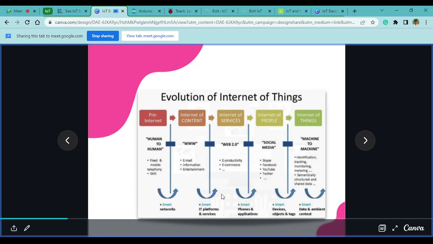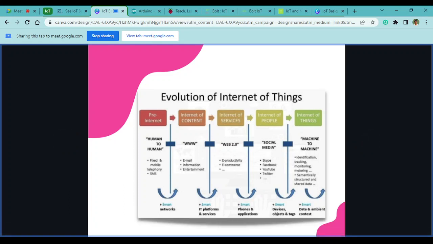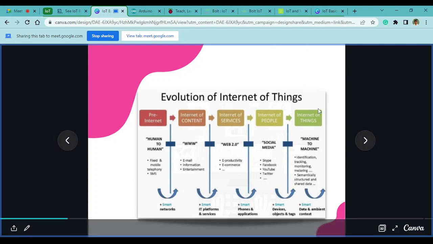And slowly after e-commerce we started to have a boom called social media, right? So Skype, Facebook, YouTube, Twitter, Instagram, all of these stages are known as internet of people, right?